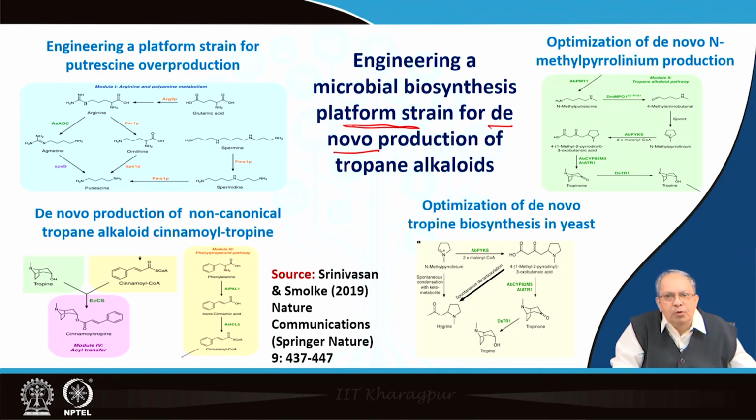So, you have to do the feeding, and as I just said, if the substrate is expensive, then that will be of no use. Now, here de novo means you are not giving any specific substrate required to run that biosynthetic pathway.